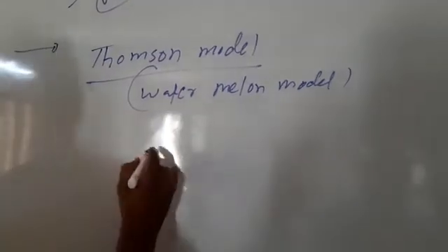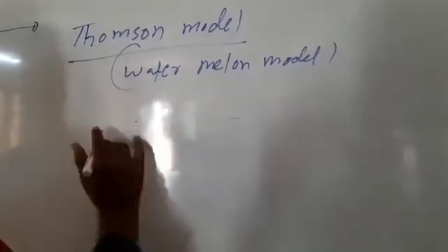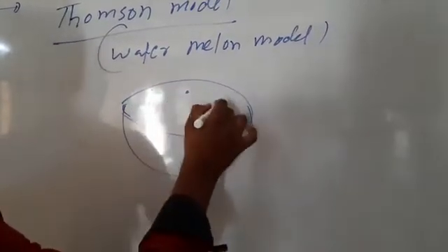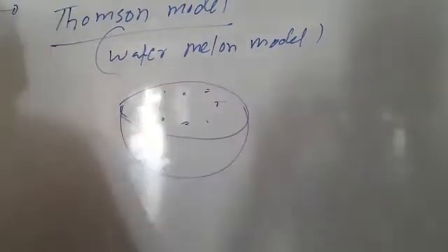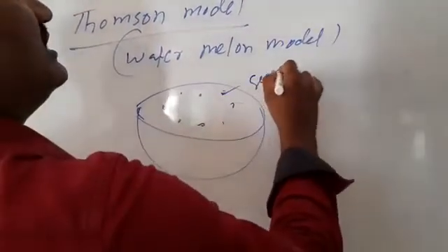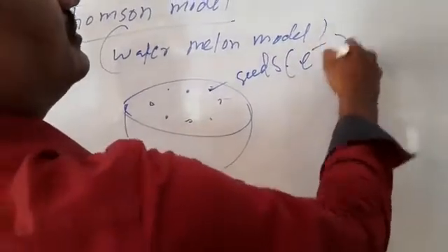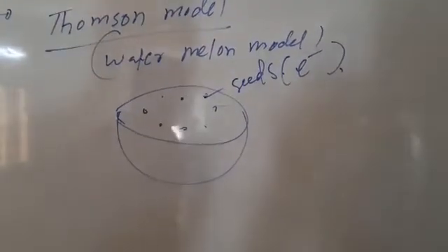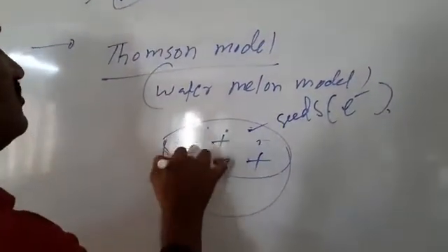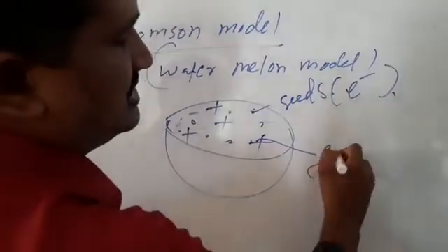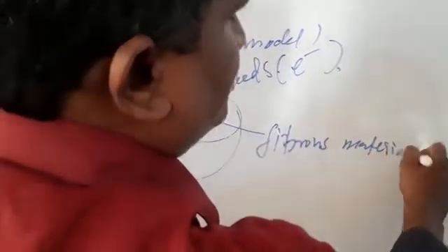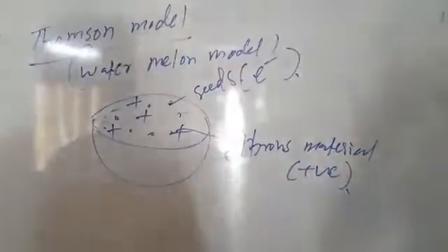In the watermelon, how the seeds are distributed is equal to how the electrons are distributed. He considered seeds equal to electrons, and the positive fibrous material is considered as positive charge.